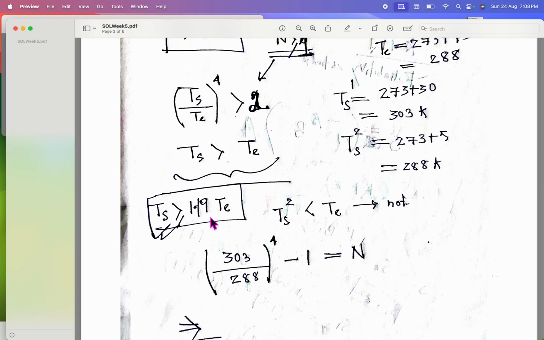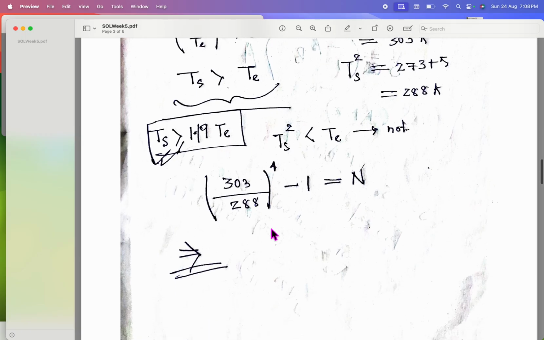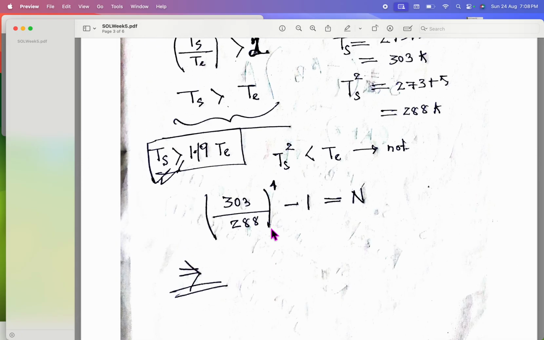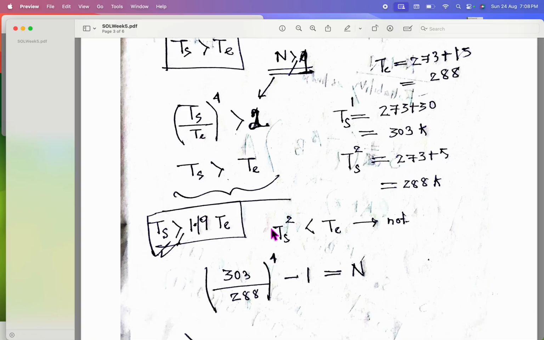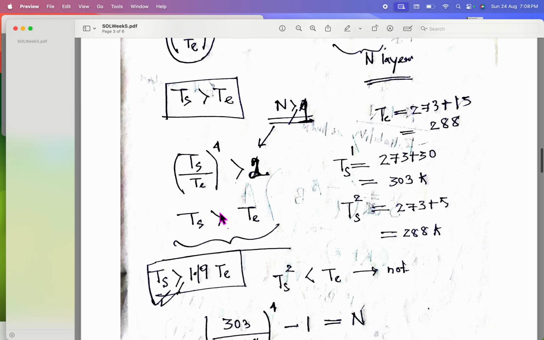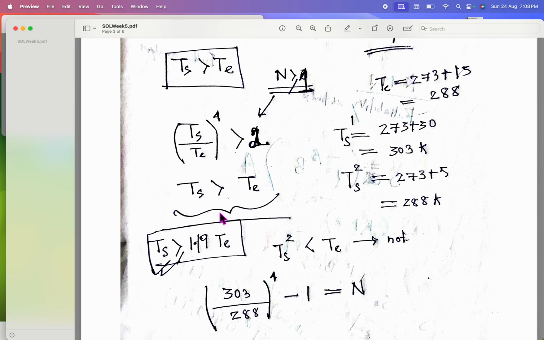Two to the power 1 by 4. Sorry, 2 to the power 0.5. That is 1 point something. The critical value is around 72. Ts by Te to the power 4 should be around 72, but why am I getting this?